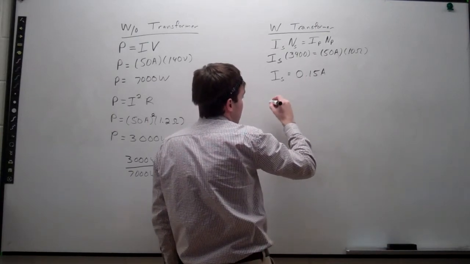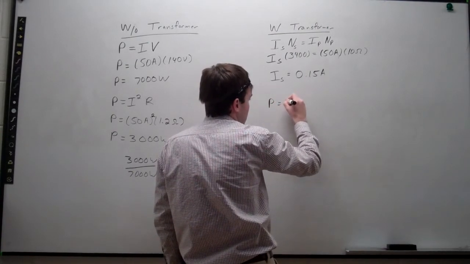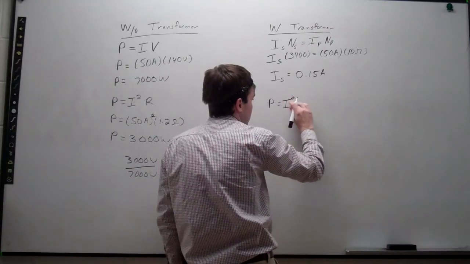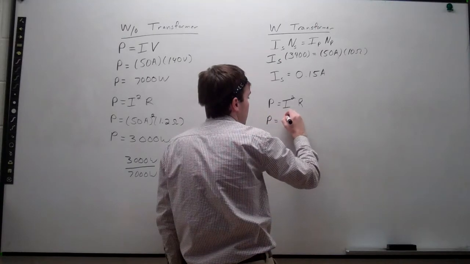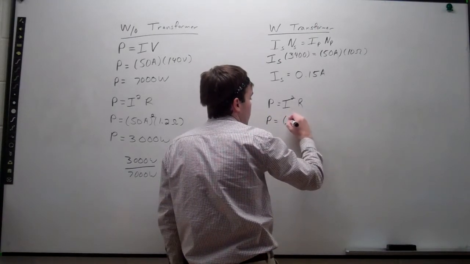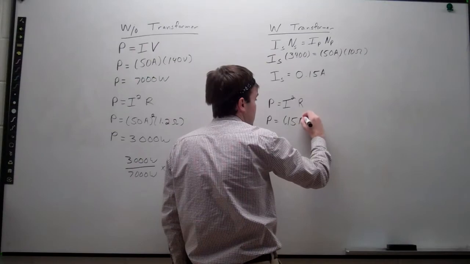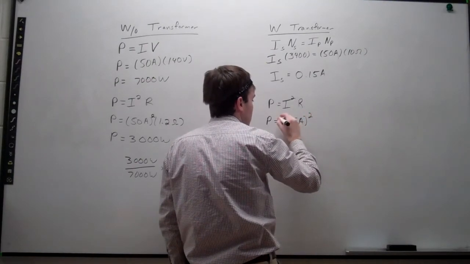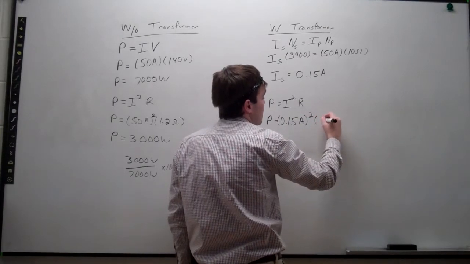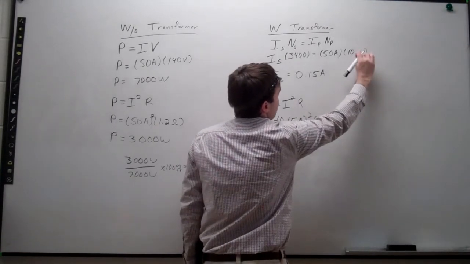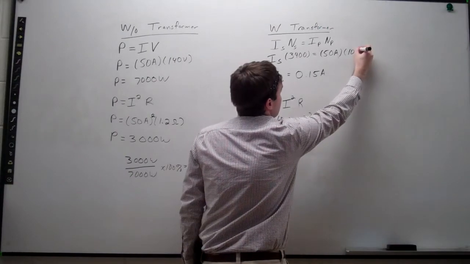0.15 amps. Now I do P equals I squared R. 0.15 amps quantity squared times the resistance.